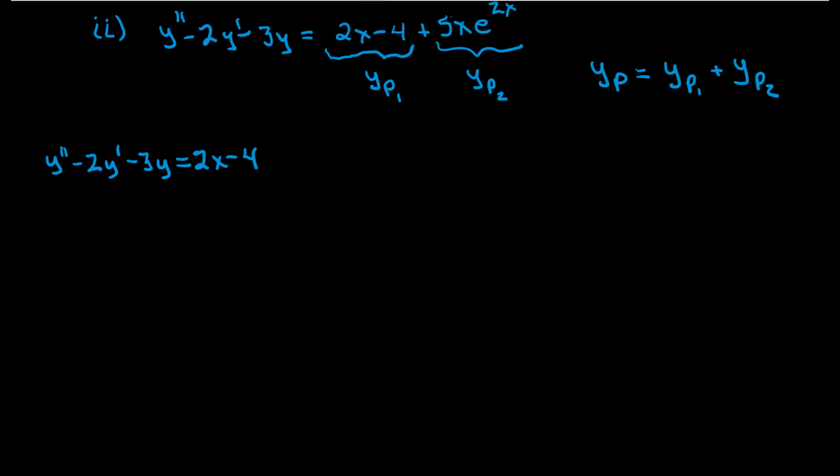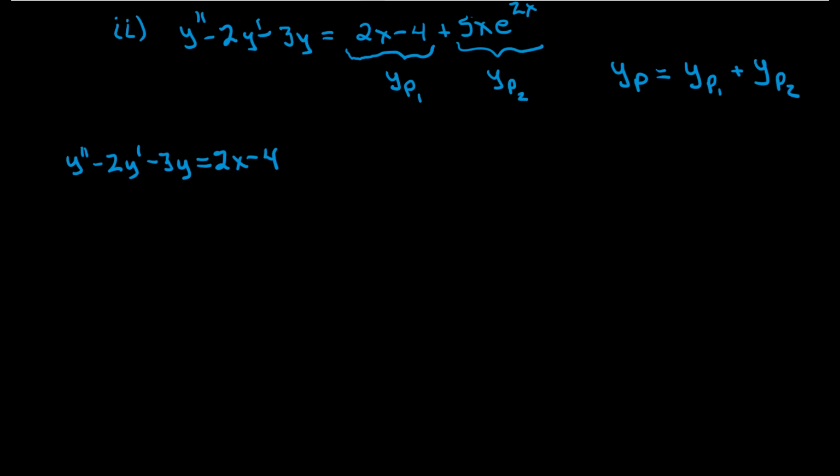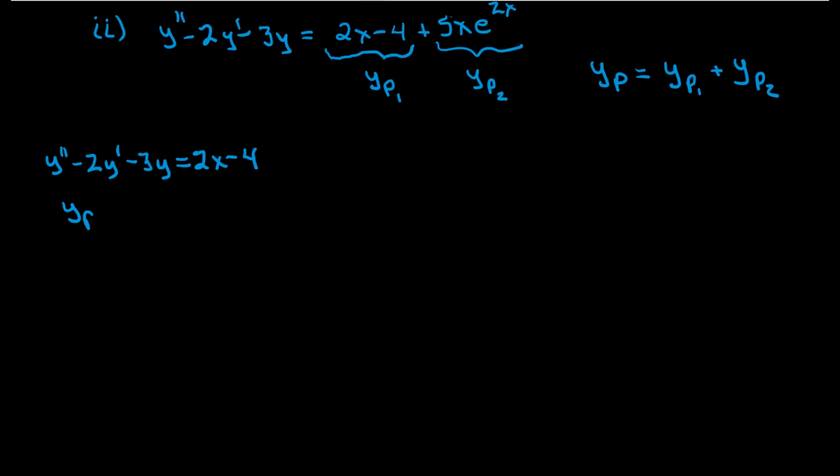Okay, so what this means is I'm going to have two things going on. First, I'm going to solve the second derivative minus 2y prime minus 3y equals 2x minus 4. In this particular case, I'm going to let my y sub p1 equal ax plus b. So I'm going to match up my guess, or my trial solution, to be of the same degree and form, a polynomial of degree 1, as the right-hand side for this part of the equation.